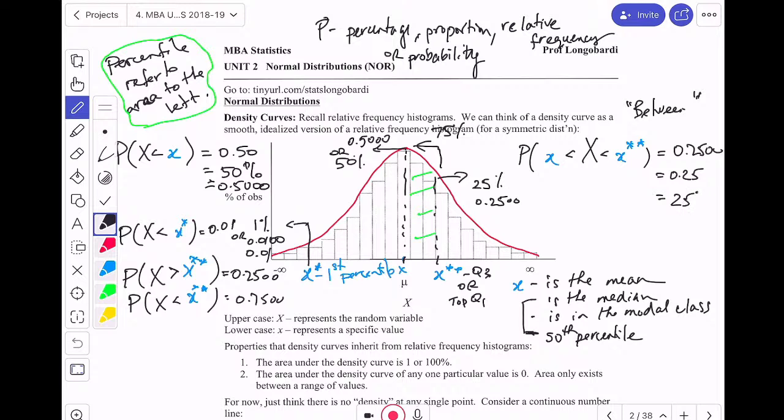These are all the same number. Questions? So if I want to say between, I put the arrows like that. And they always go small to big.